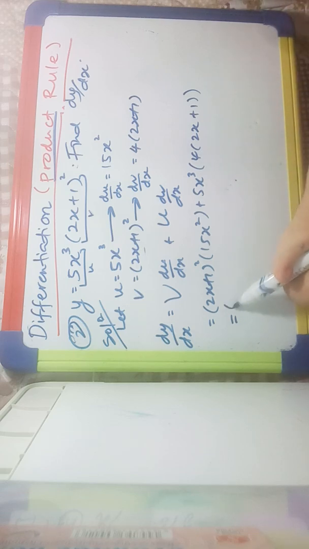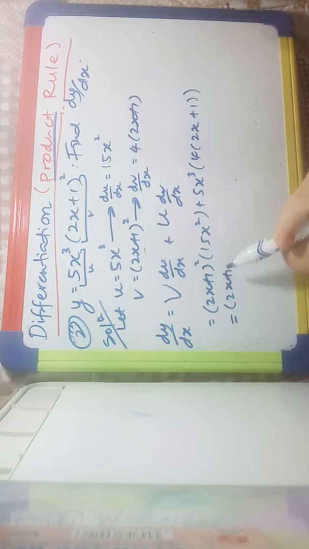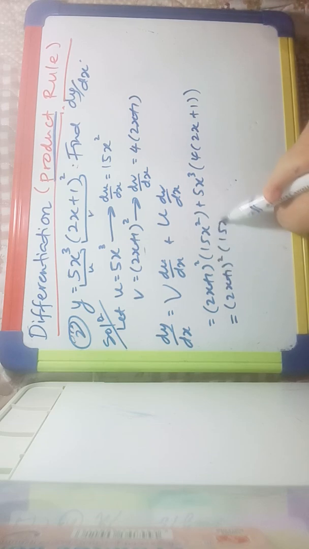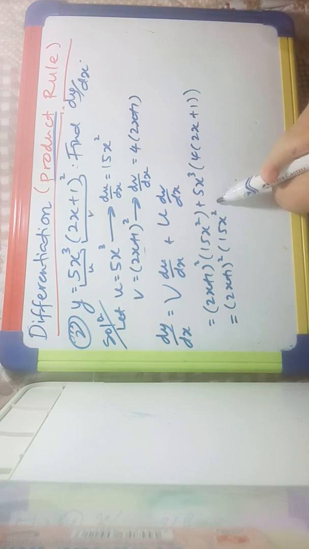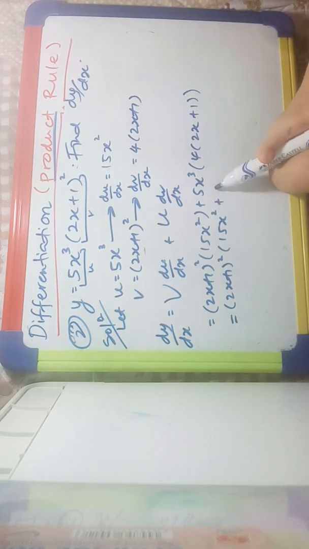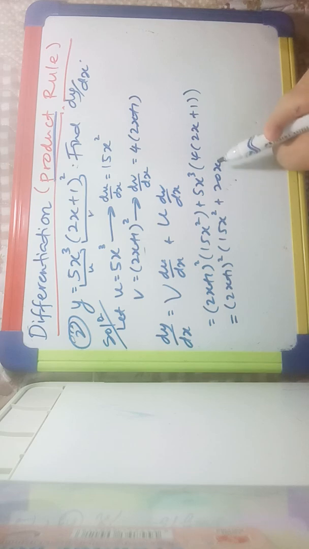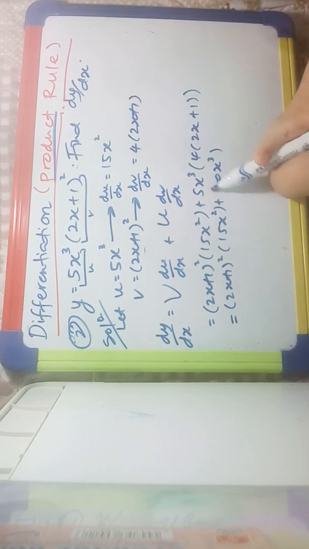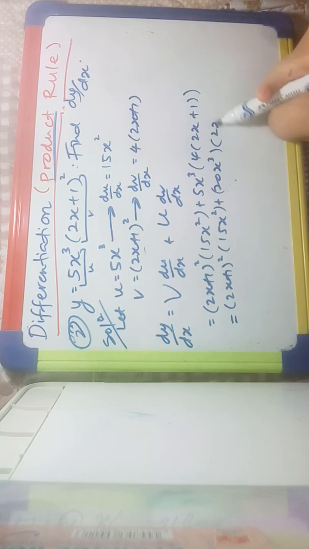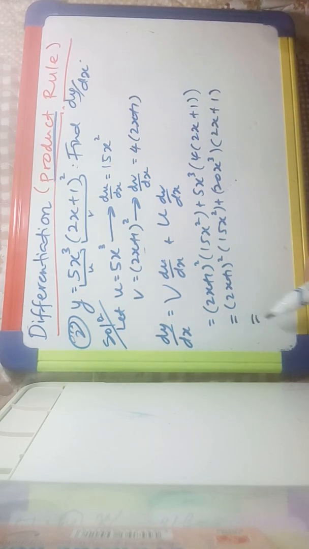So we can write like this: (2x plus 1) power 2 in bracket, 15x squared, plus 4 times 5, 20, 20x cubed, and then in bracket 2x plus 1.